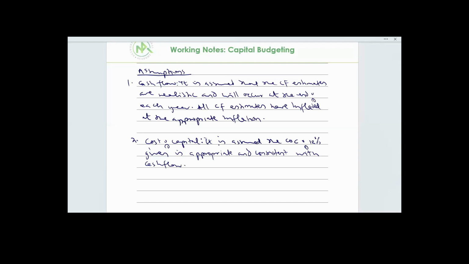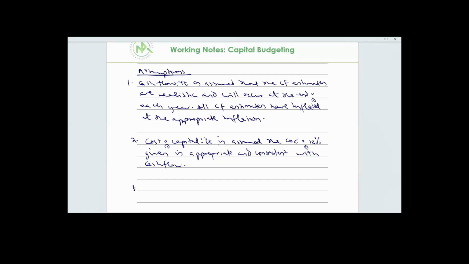Because we have converted cash flow to money cash flow, we have to use a cost of capital that is consistent with that cash flow. So this 12% is assumed to be the money cost of capital.